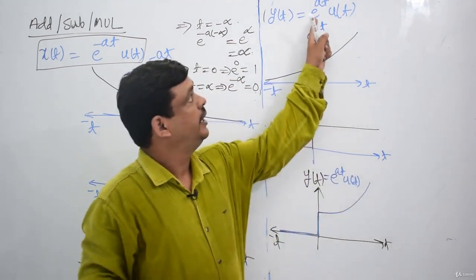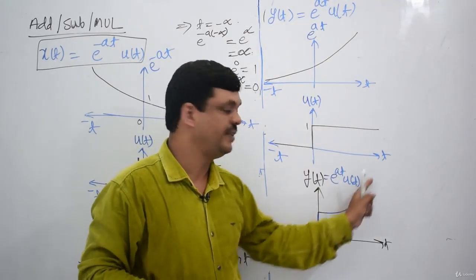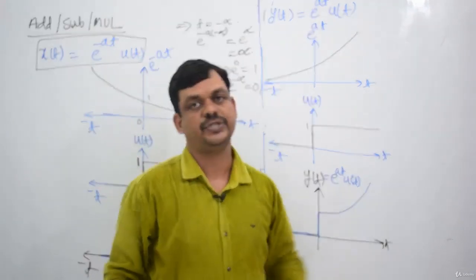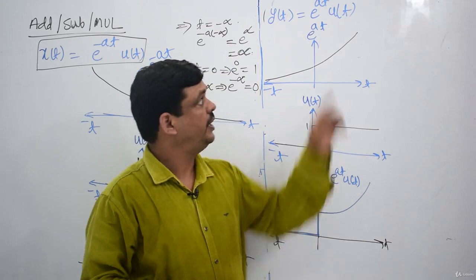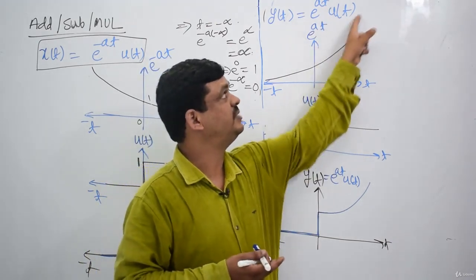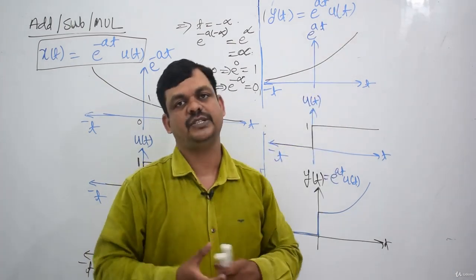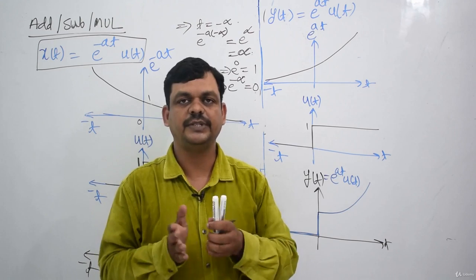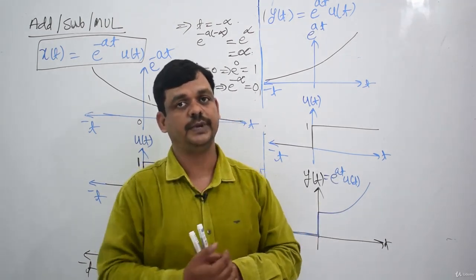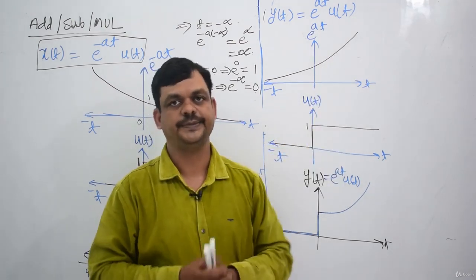Similarly, e to the power of at into u of t is an exponentially increasing function defined only on the positive time axis. So u of t or u of t minus 1, whichever operation is multiplied here, always explains the time limits of the given function. The time limits are either the positive time axis, the negative time axis, or a particular time period. Everything is explained by these u of t representations.